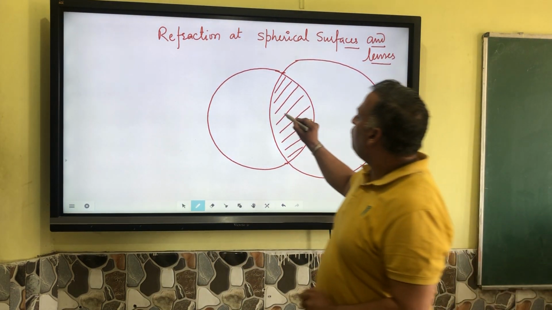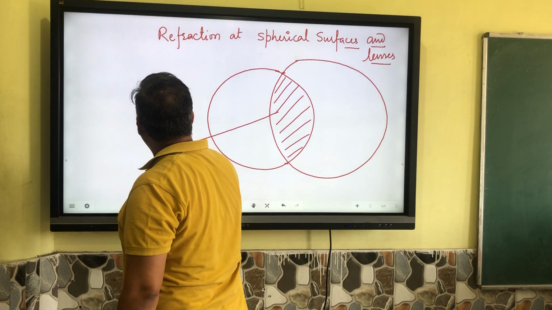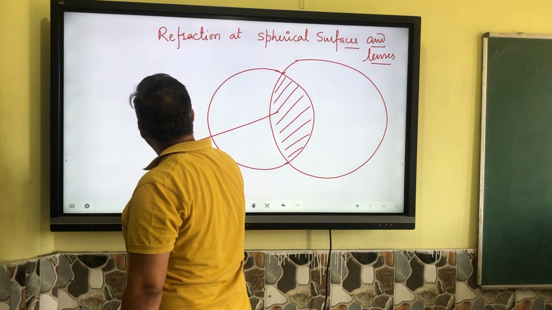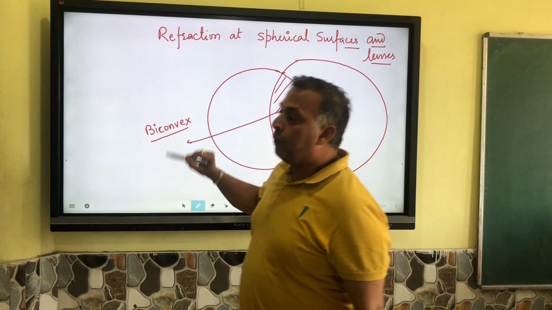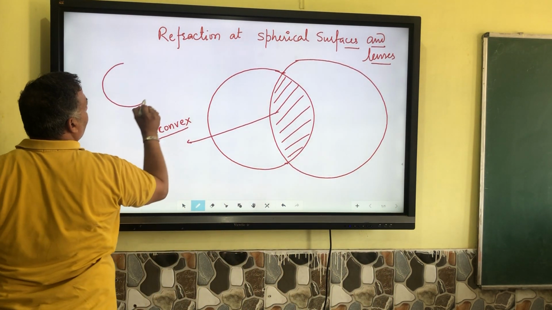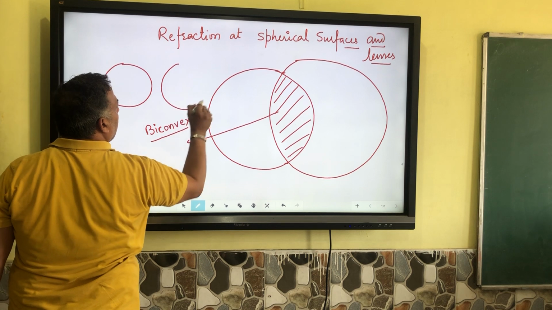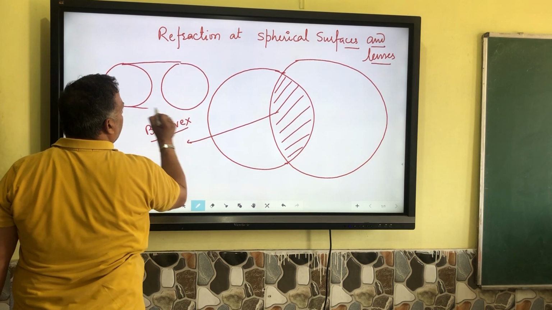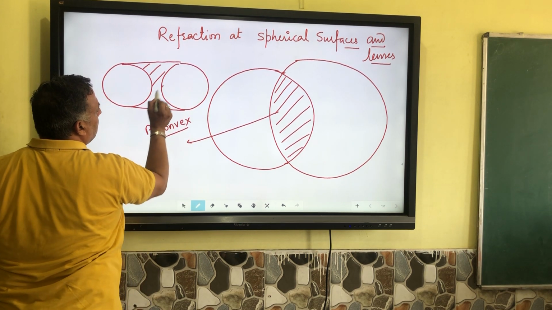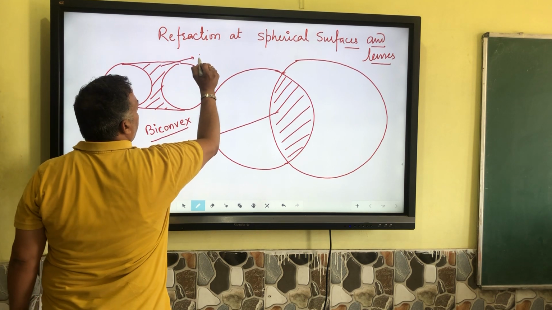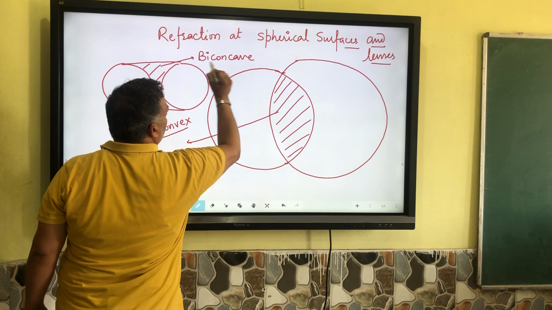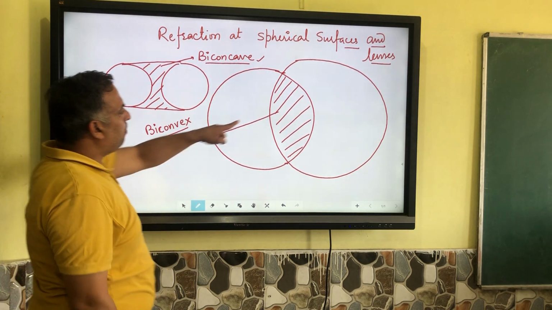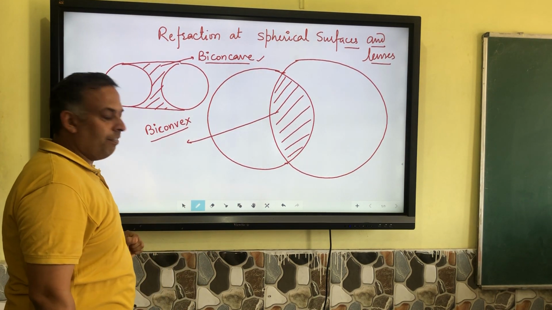When we cut in this way, it becomes biconvex. If two spheres are in this way, we cut in this way, it becomes biconcave. So this is biconvex, this is biconcave.